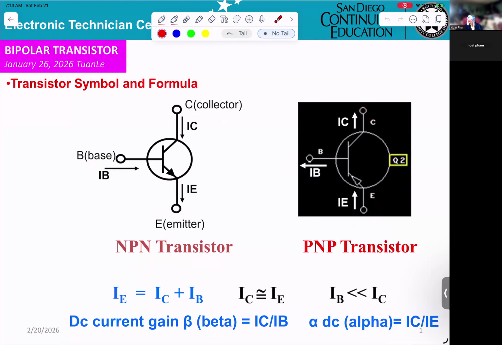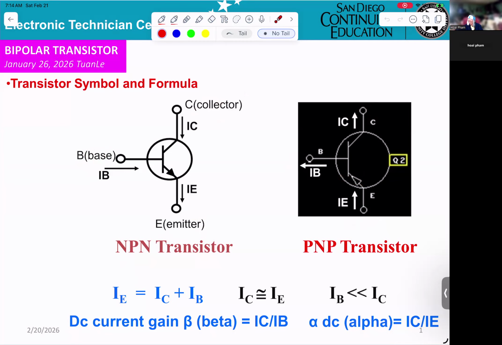Now see what the difference is. You see at the NPN, the emitter has the arrow coming out right here, and on the PNP, the arrow at the emitter is coming in.